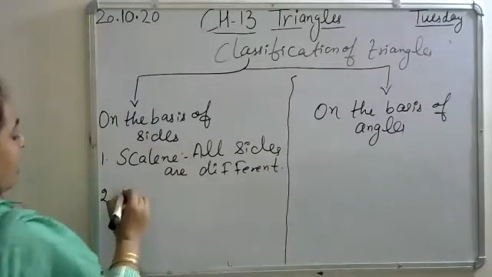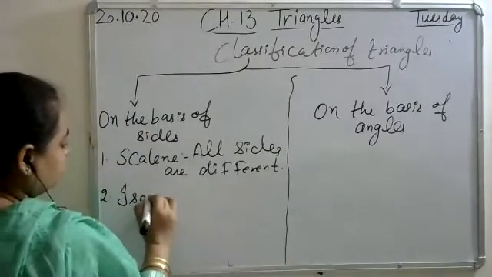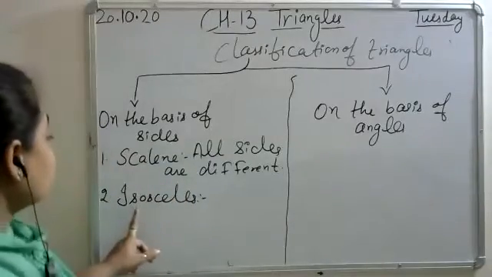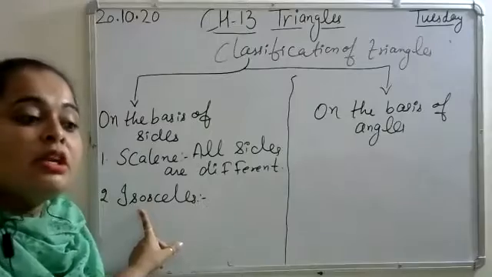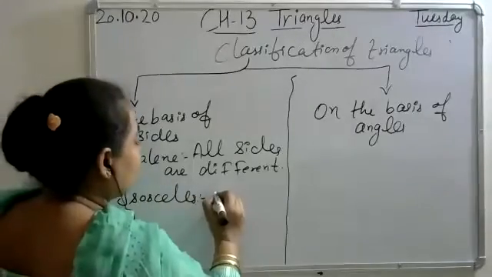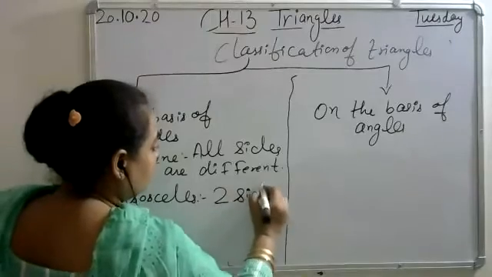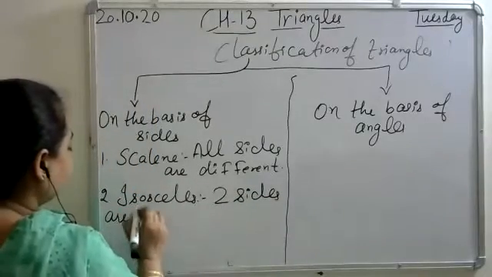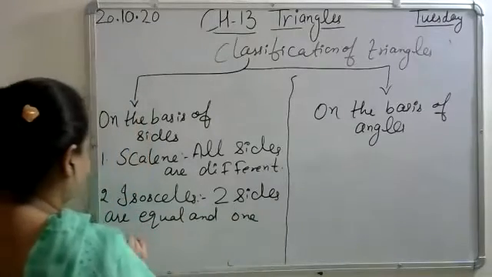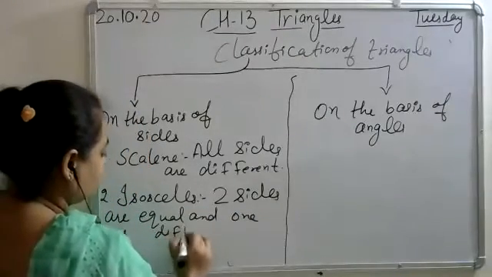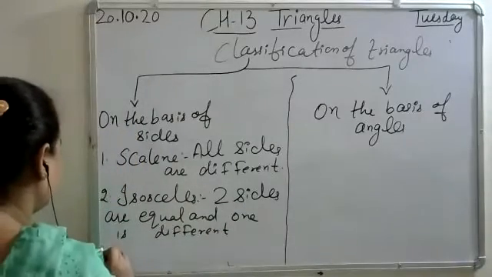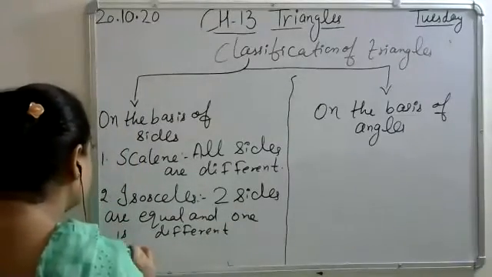Second, isosceles. Iso word is used for two. So here two sides are equal. Two sides are equal and one is different. Next, equilateral.